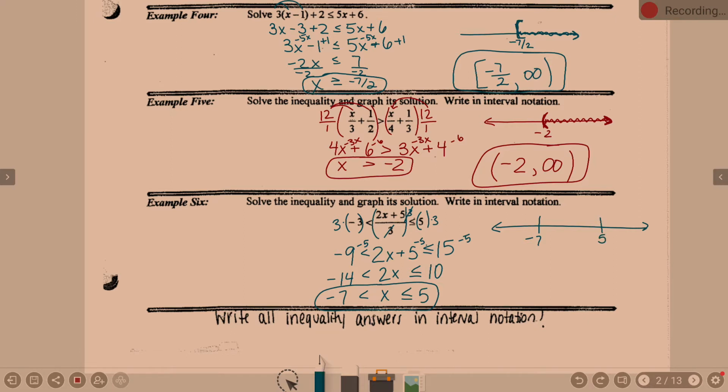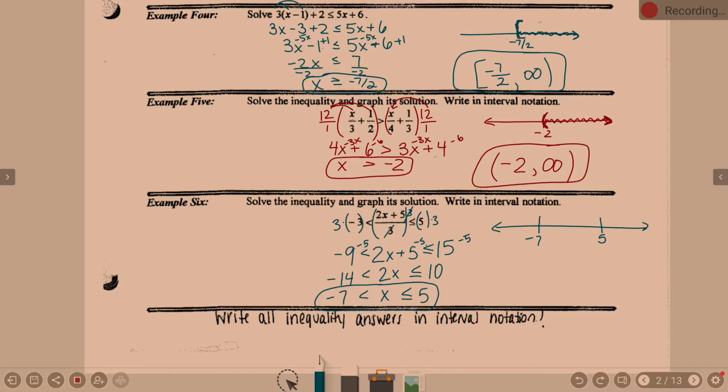What's this look like as a graph? Okay. She says negative 7 parentheses, then 5 in a bracket, and the shading is where? In the middle, right? Because this is where x is between these two numbers with less than signs.